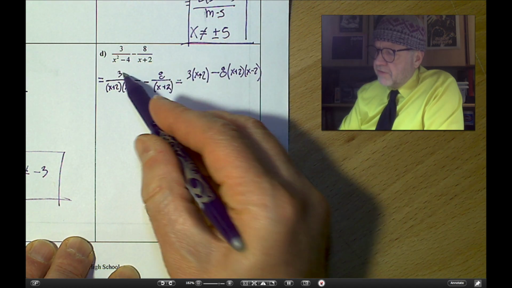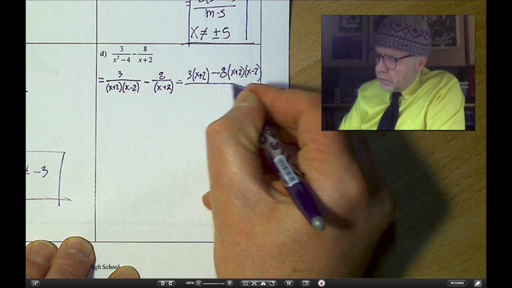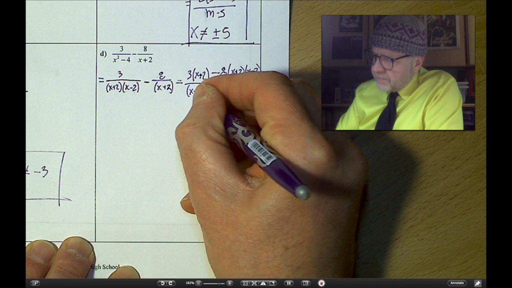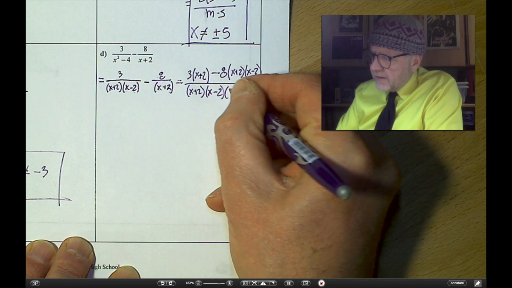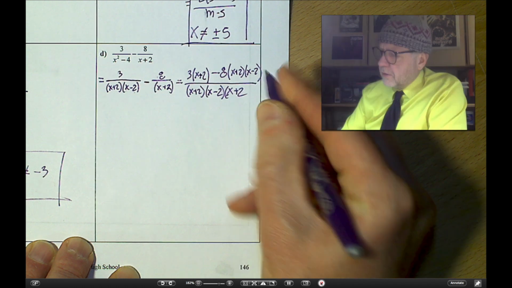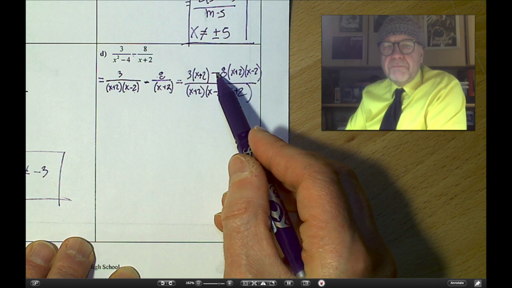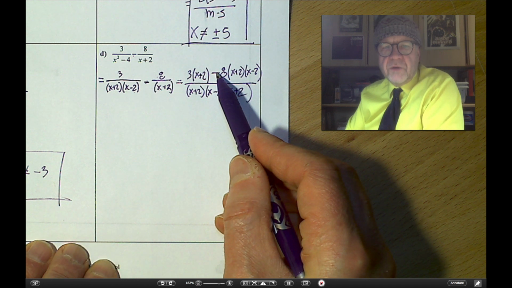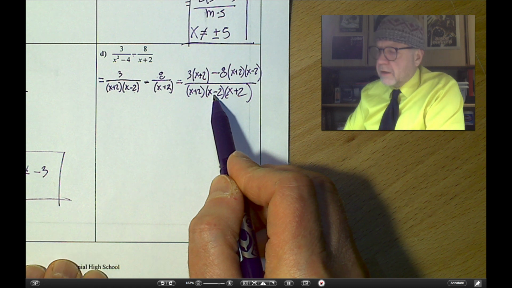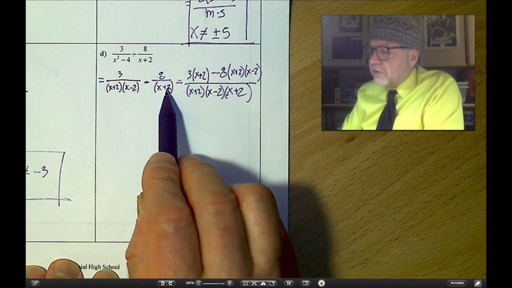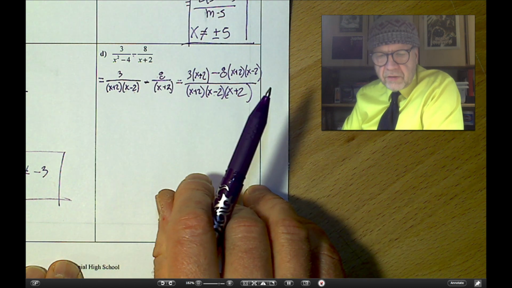So it's this cross product minus this cross product, all over x plus 2, x minus 2, and x plus 2. Remember, this operator here manifests itself in the numerator. For the denominator, we're multiplying all three of these terms out, and here they are. So there's no plus or minus here. It's just multiplying the whole mess out.